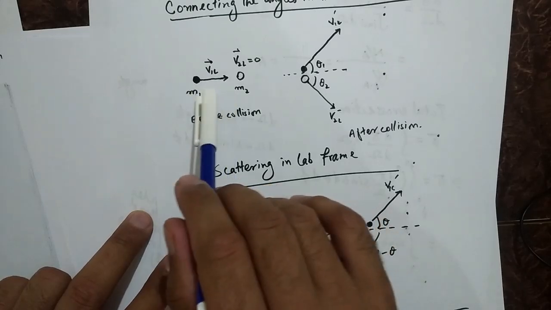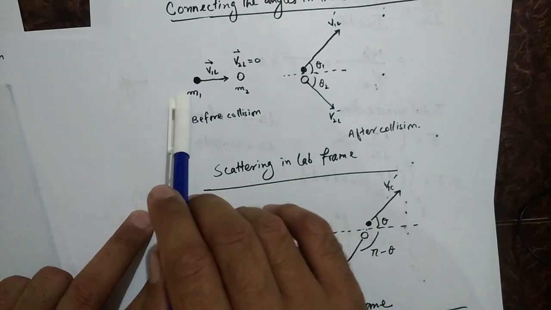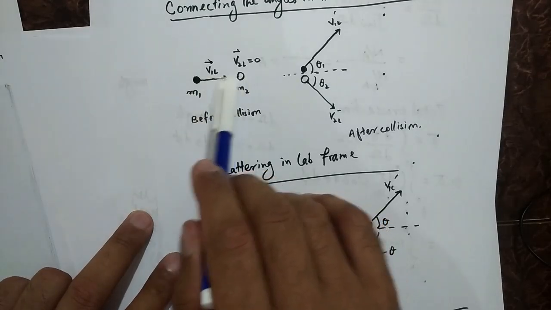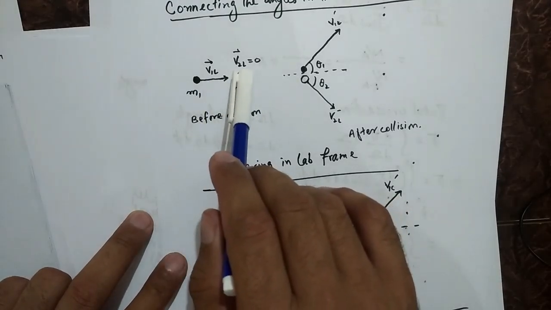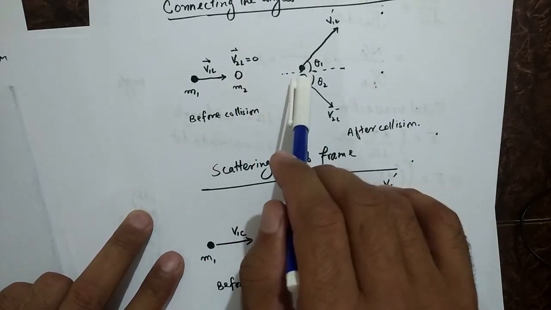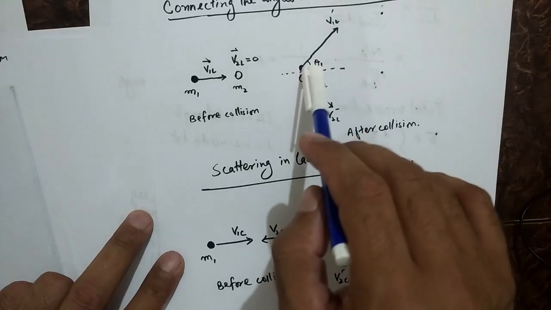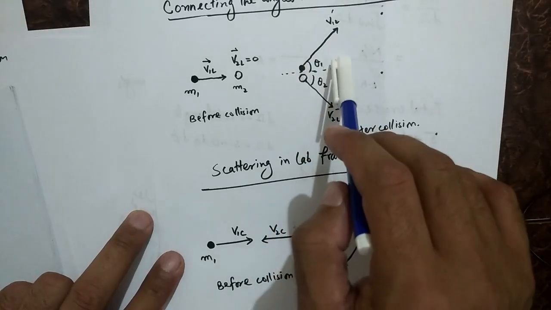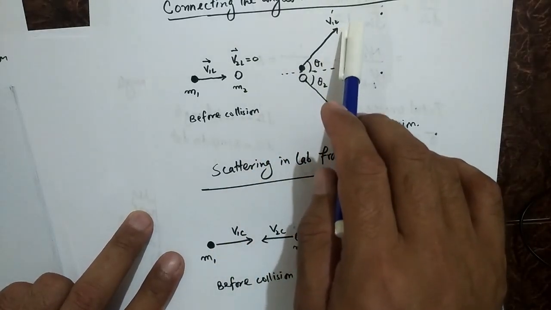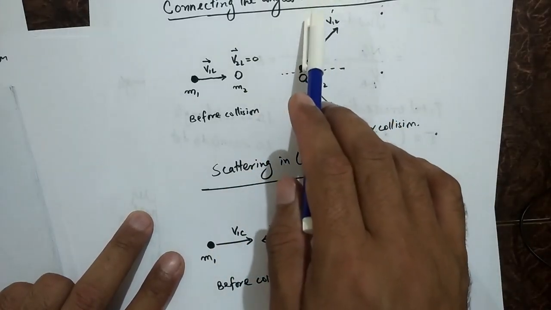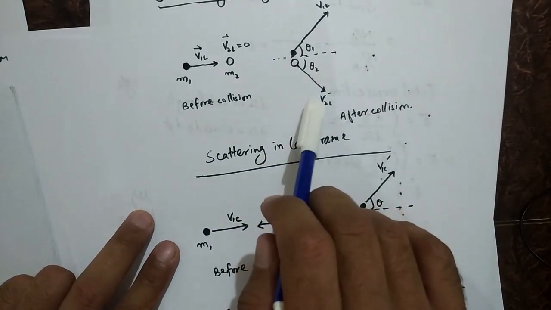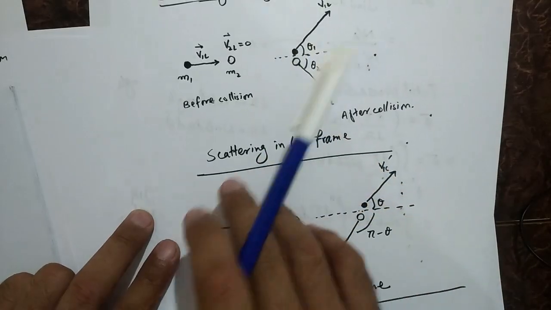The velocity of the projectile before the collision is v1l in the lab reference frame, while the velocity of the target is v2l, which is 0. After the collision, the projectile scatters with an angle theta 1 and moves with velocity v1 dash l. Similarly, the target now moves with a velocity v2 dash l, making an angle theta 2.